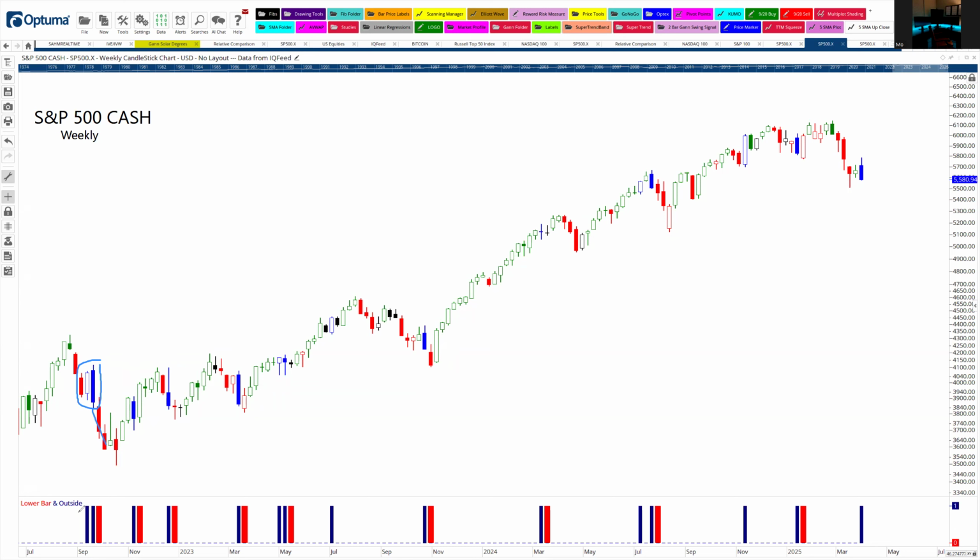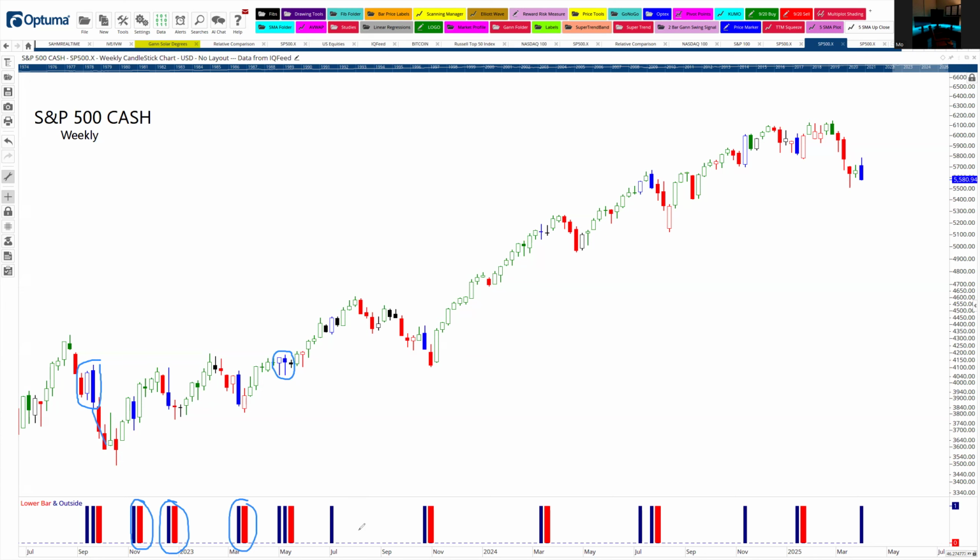So I scripted these ones here. We're looking for this one, this one, okay, this one. This is back to back. So this is outside, outside, inside. That's this crazy price action right there. Three weeks like this is brutal to trade.